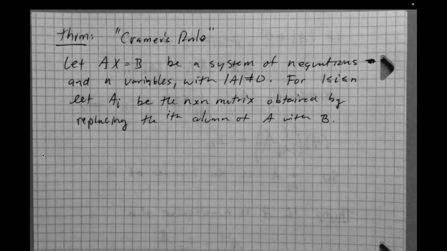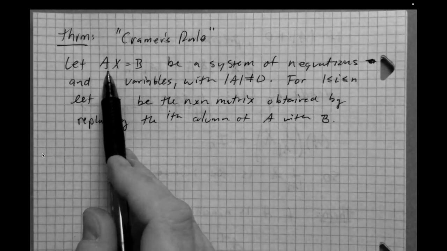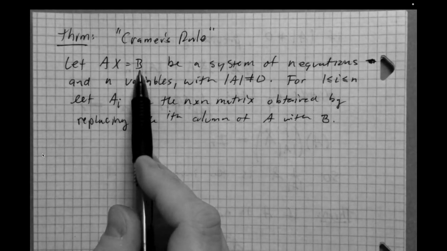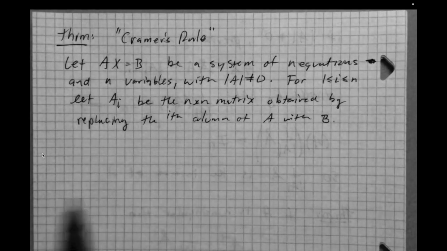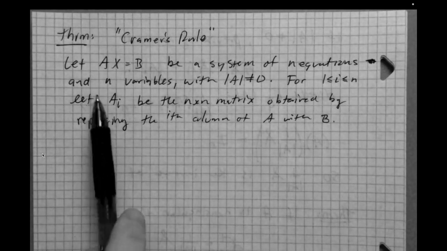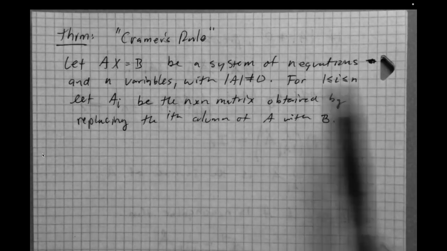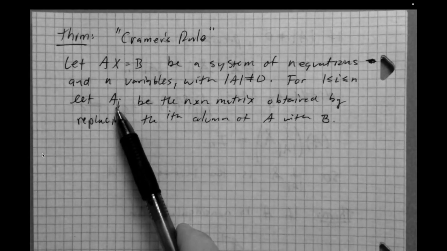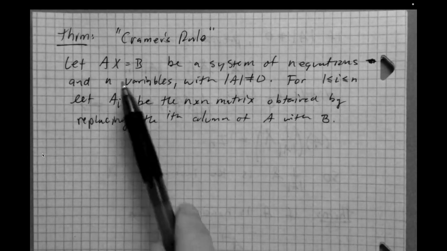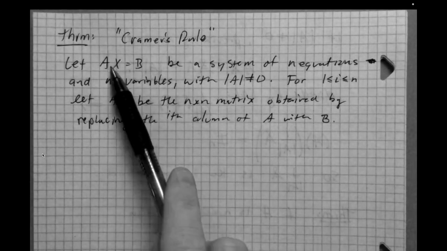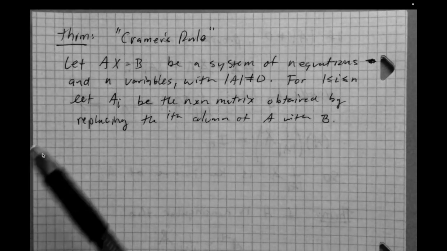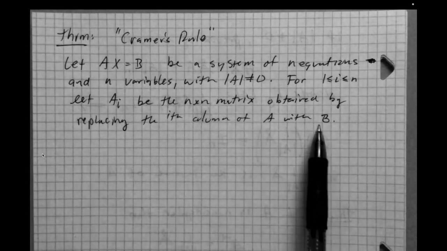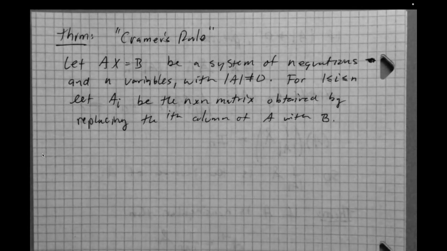So I've got a coefficient matrix A, it's n by n, and I've got an n by 1 scalar matrix here, which is called b. The system is going to be solved using a series of matrices A sub i, where A sub i is basically the coefficient matrix where I've deleted the ith column and plugged in b in its place.